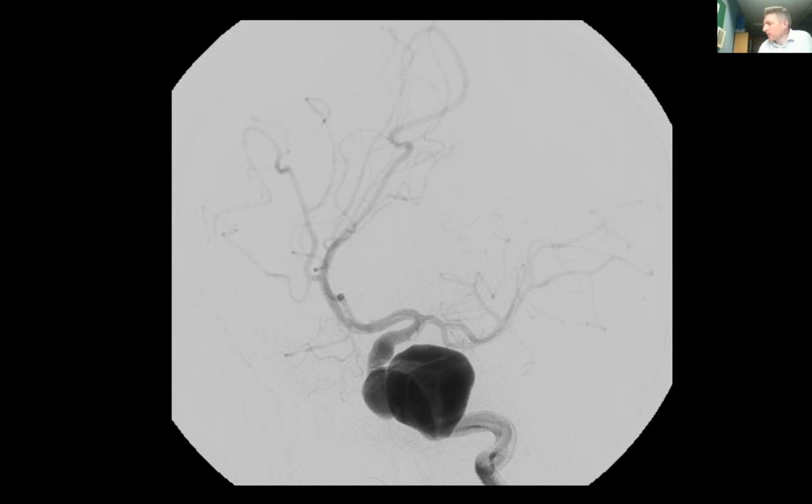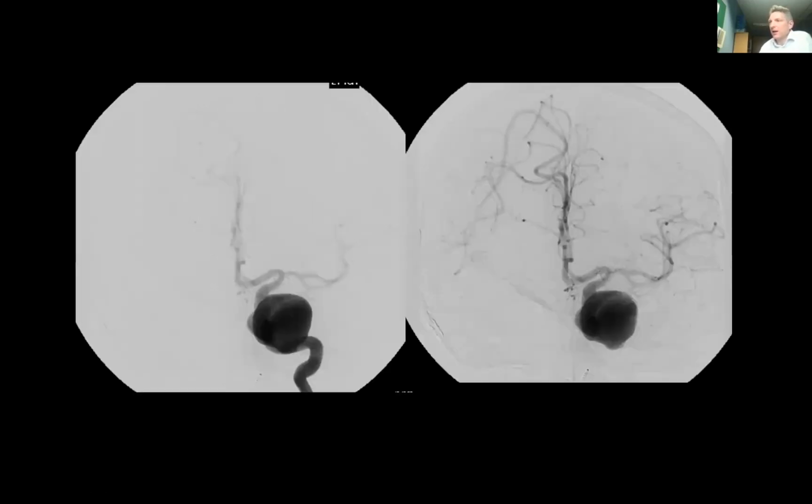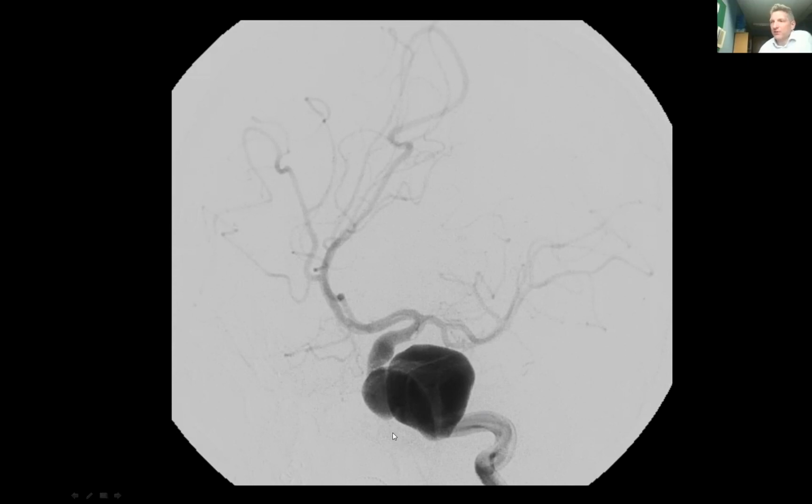Use a flow diverter potentially. Yeah, so a flow diverting stent would be an option. The challenge with that is the extent of the diseased vessel. We're looking at one view here, but I haven't got the lateral, and it's quite a convoluted course.